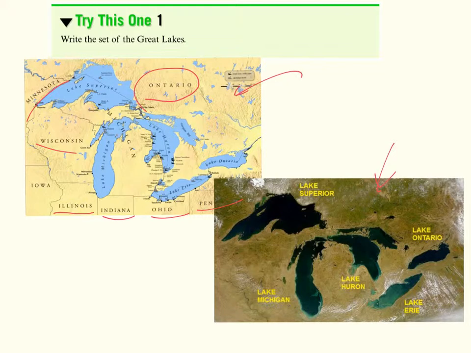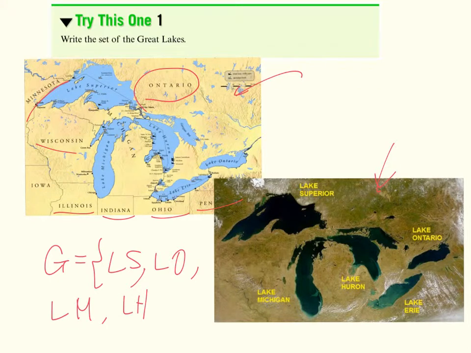So we can say Great Lakes equals Lake Superior, Lake Ontario, Lake Michigan, Lake Huron, and Lake Erie. And that's our set. This set has 5 elements or 5 members.